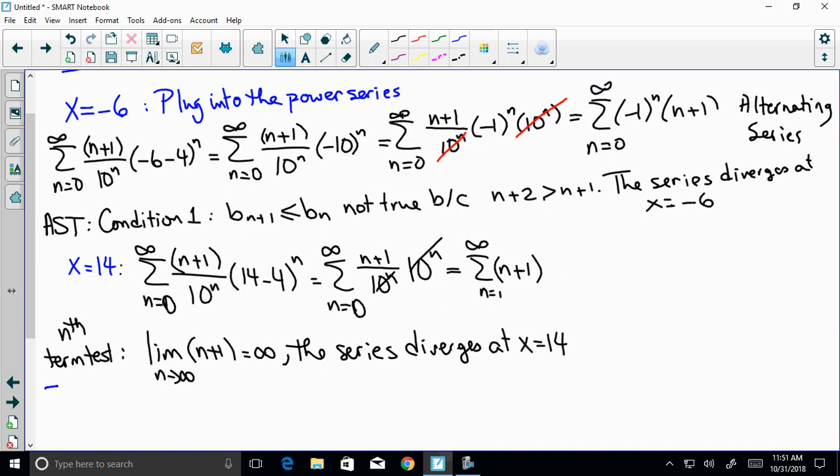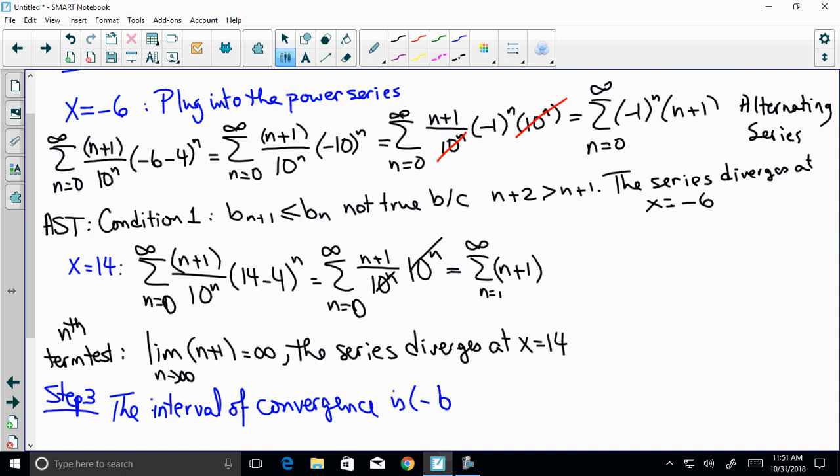So in the last step, I say the interval of convergence is -6 to 14. And this will tell me that it's absolutely convergent between -6 and 14. It's divergent at -6. It's divergent at 14.